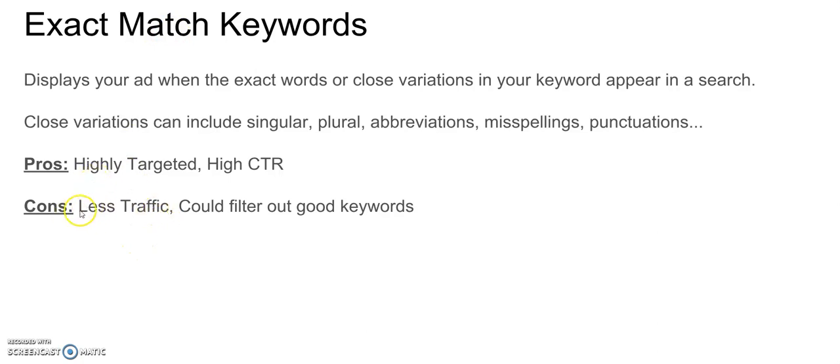But from what I'm noticing, it is less traffic. We're talking about going from 5% to 30% CTR from broad match to exact match keyword, so it's really a huge difference. When you use exact match keywords, you won't get a lot of traffic, but you're going to get high CTR, and it's not going to cost a lot to get that traffic.